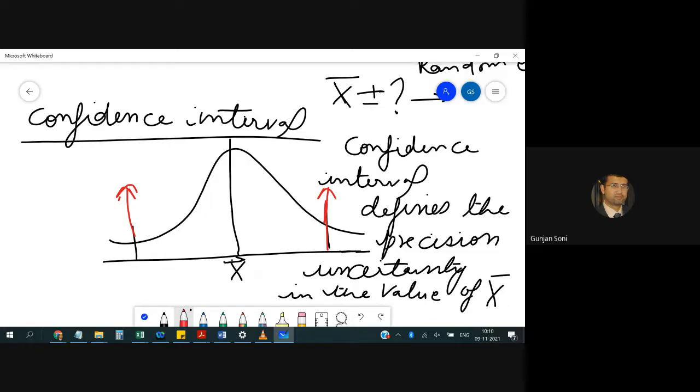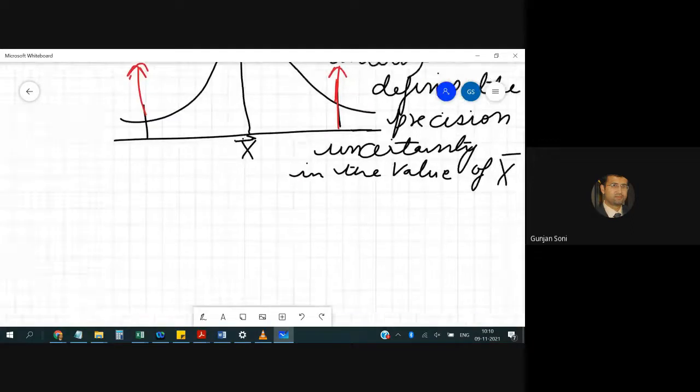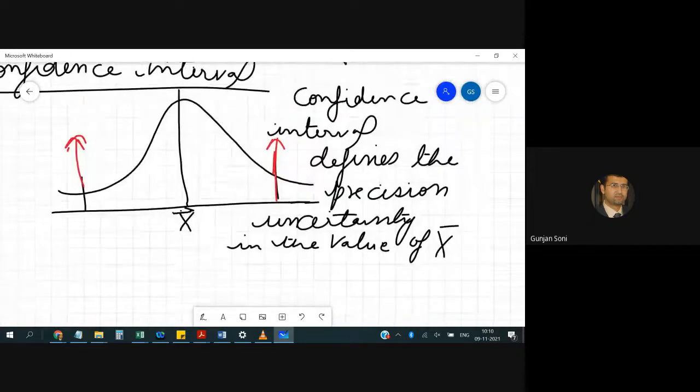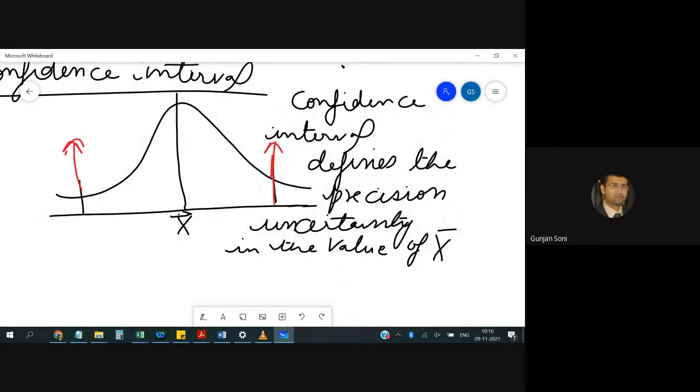So precision uncertainty in the value of x, let's try to understand with a numerical. Confidence interval defines the precision uncertainty in the value of x.